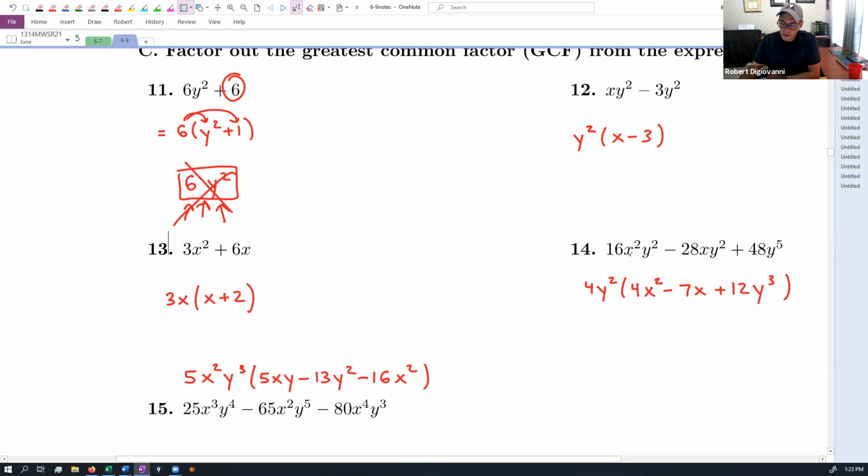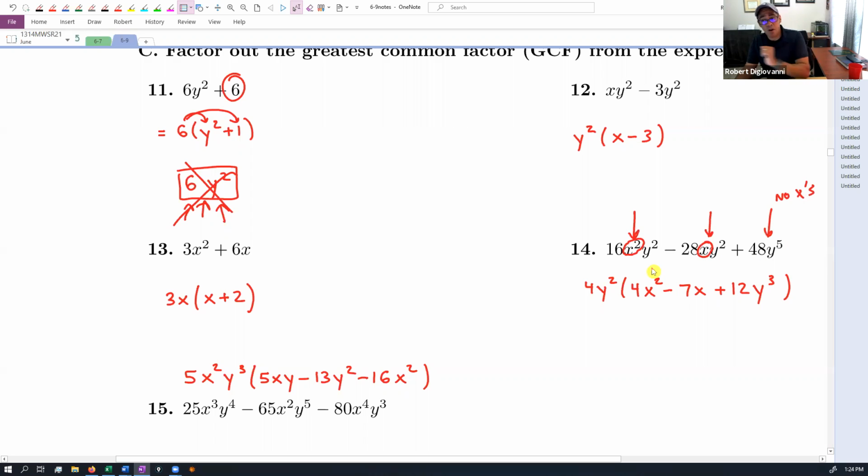Okay, so in order to be outside the parentheses, whatever's out there has to be present in each of the terms. So this has an x squared in it, right? This has an x in it, but this has no x's, right? So it has to be common to all of them, not just 2 of them or not just 1 of them.